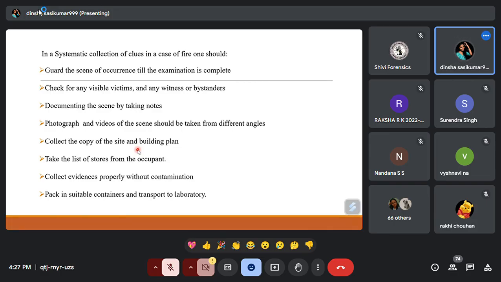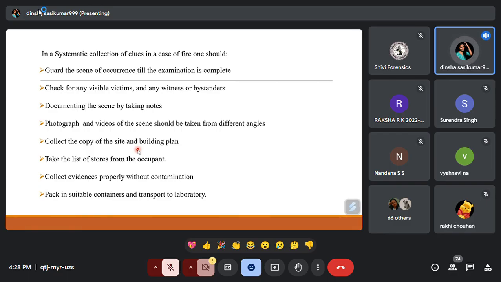We have to collect some important data from the witnesses or bystanders, because by observing the color of the flame or the duration of the flame, we can get some important data regarding the nature of fire. So we have to check for any visible victims and witnesses or bystanders. Then documenting the scene by taking notes.